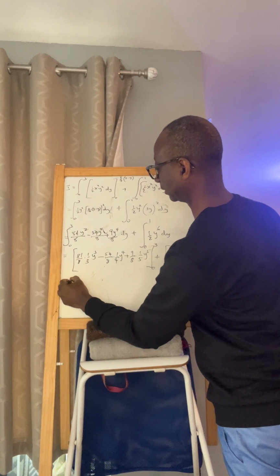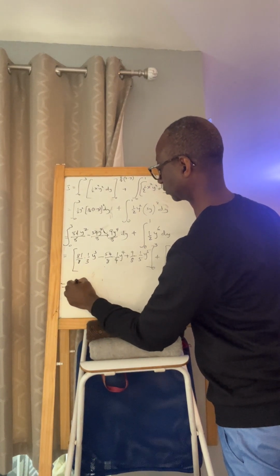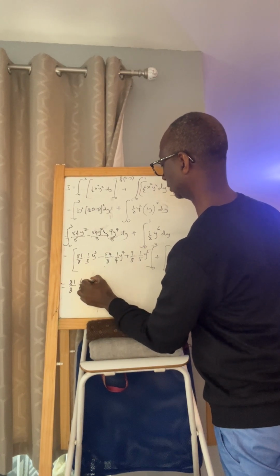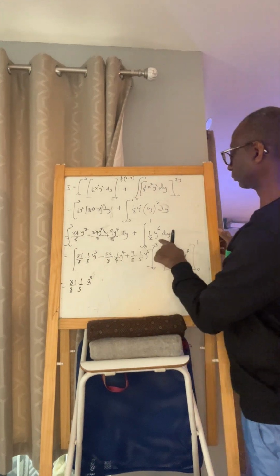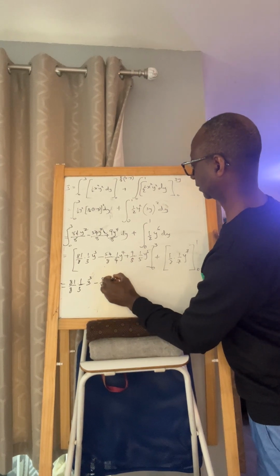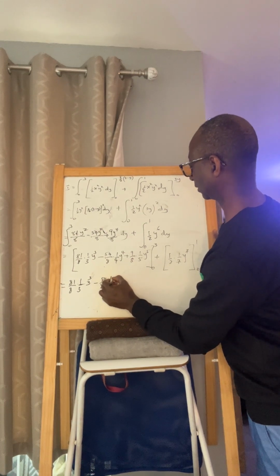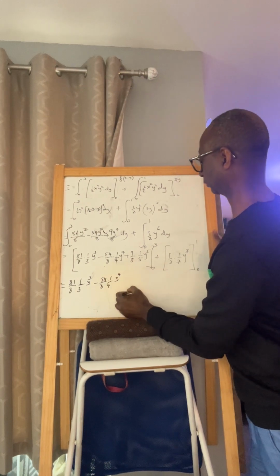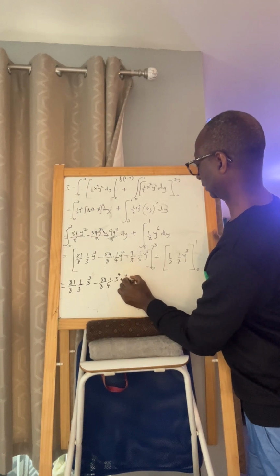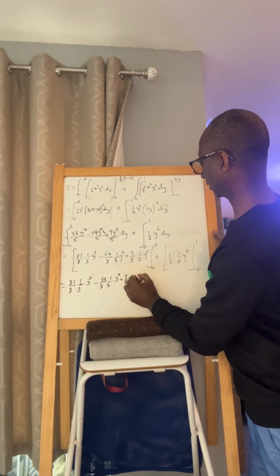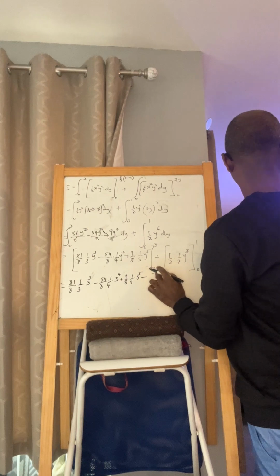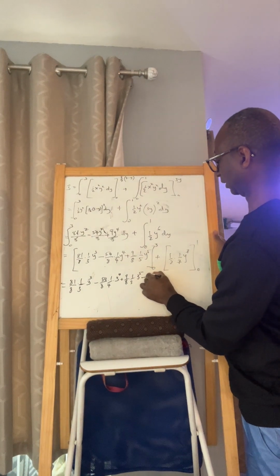So now this is going to be 81 all over 8 times 1/3 times 3 raised to the power of 3, minus 54 all over 8 times 1/4 times 3 raised to the power of 4, plus 9 all over 8 times 1/5 times 3 raised to the power of 5, minus 0, because the bottom here is 0, so everything is 0.